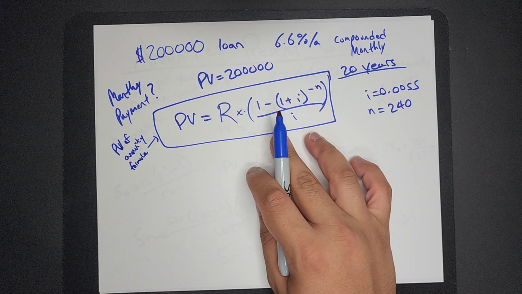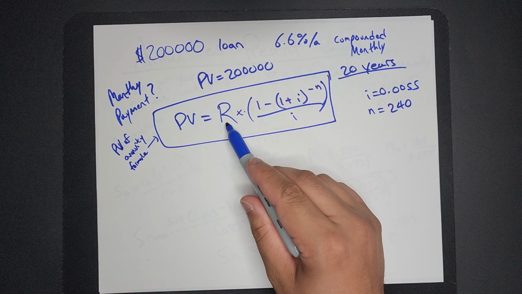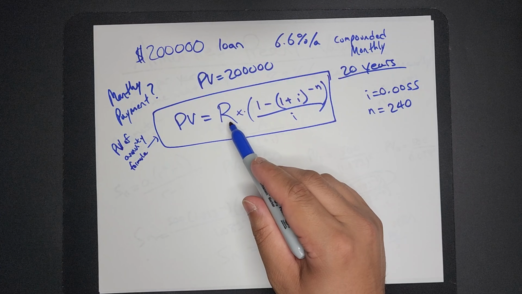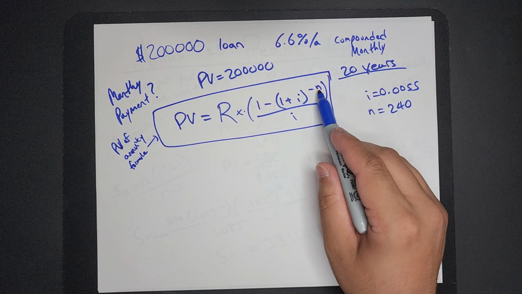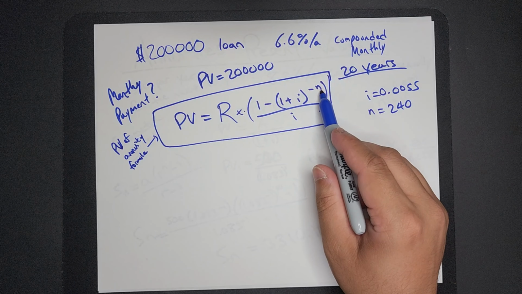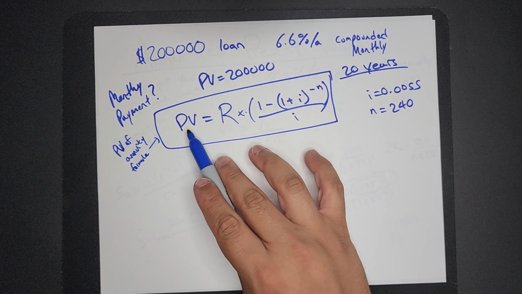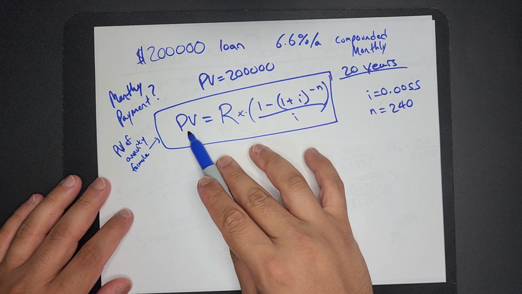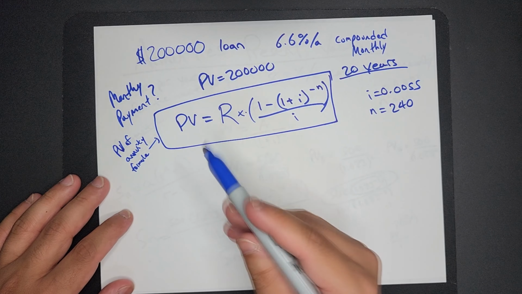R represents the monthly payments I'm going to have to make, n is the number of payments, i is the interest rate, and V is the present value of the loan, in our case here.